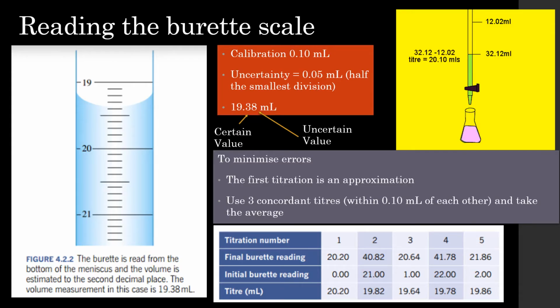In titration, you're going to be dropping a certain volume until you hit an end point, and so this is going to be a volume measurement. Now, to measure the volume in the burette, you can see that the scale increases from down here to here.